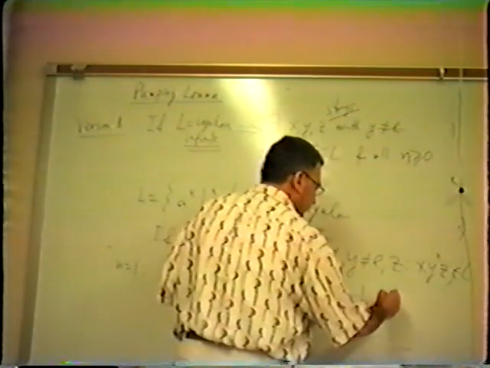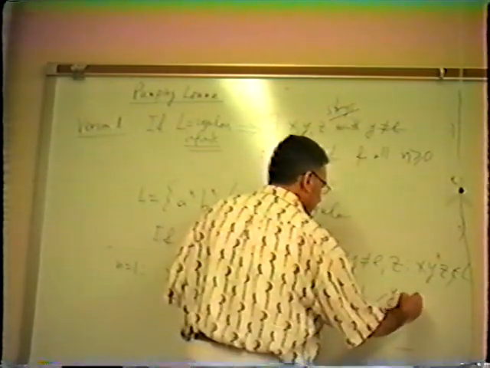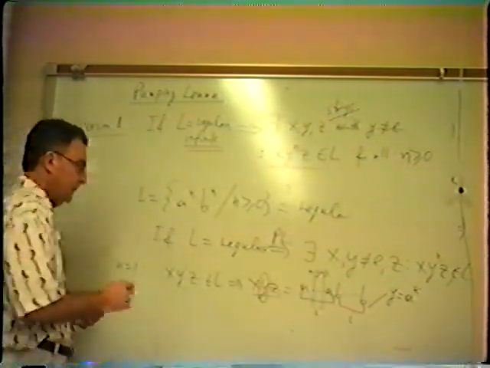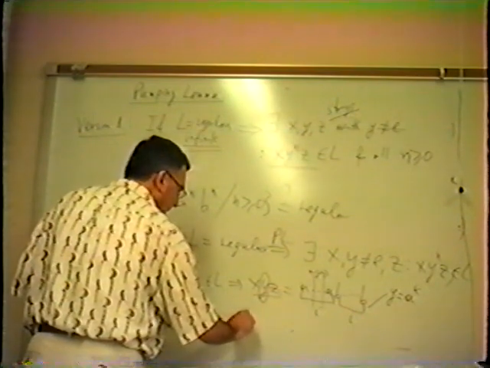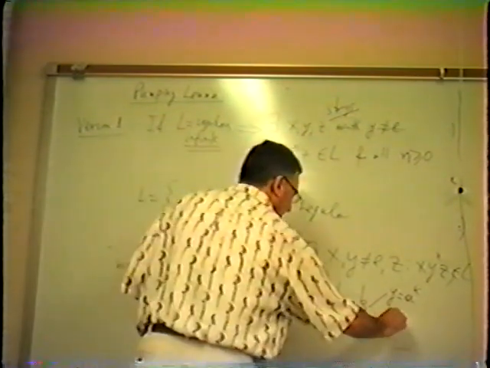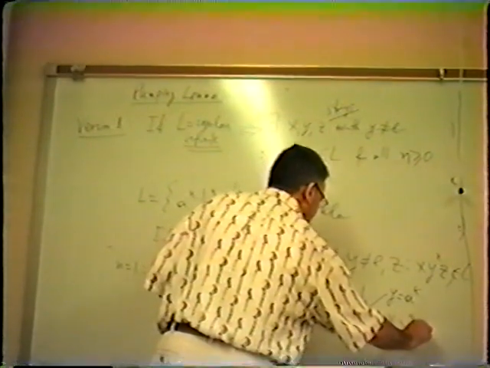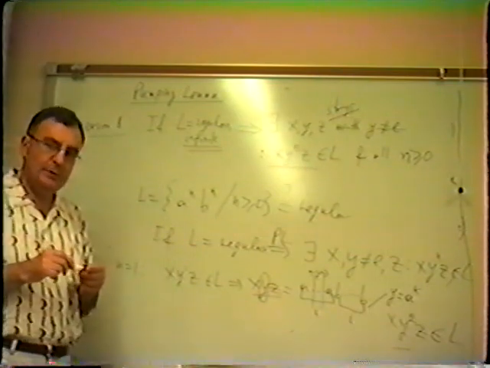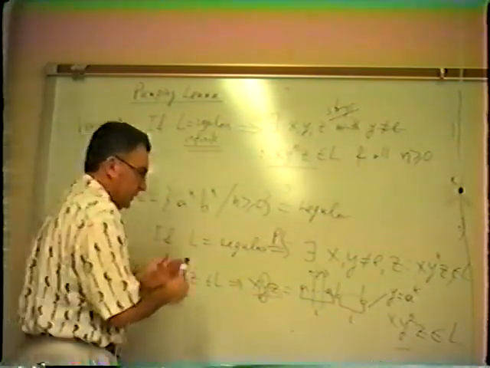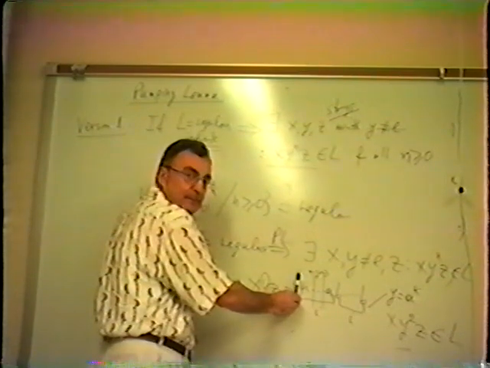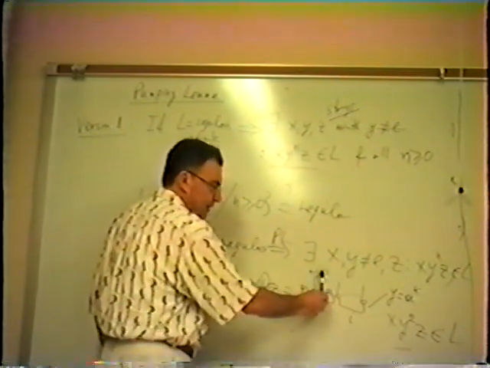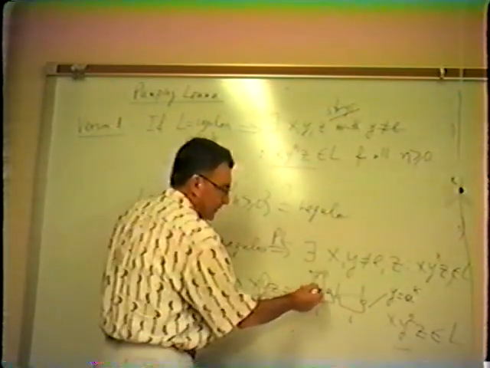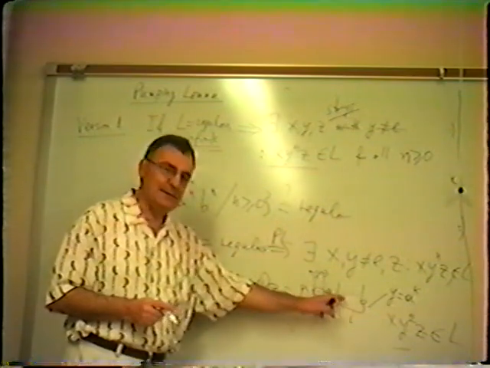But if y was a number of a's, when you take x y squared z, is this in the language anymore? What did you just do? X is this number of a's. Z is what a's are left with the b's. And y is a number of a's. Now, this is x, y, z.